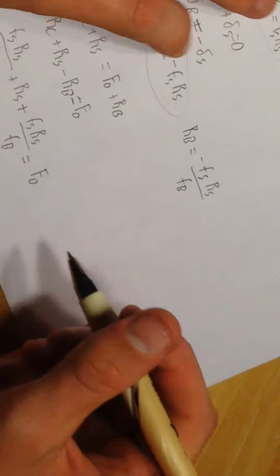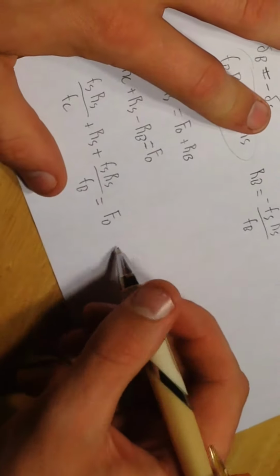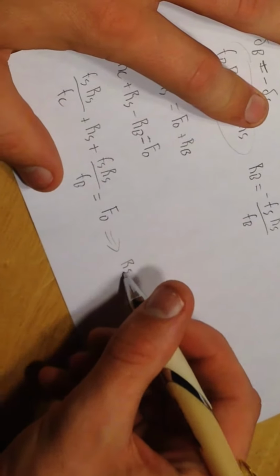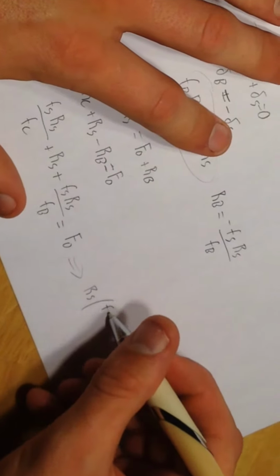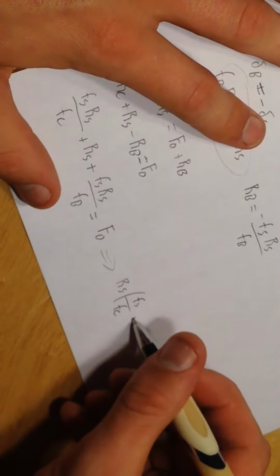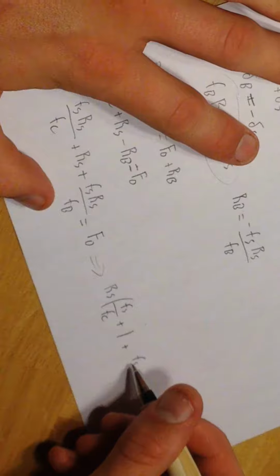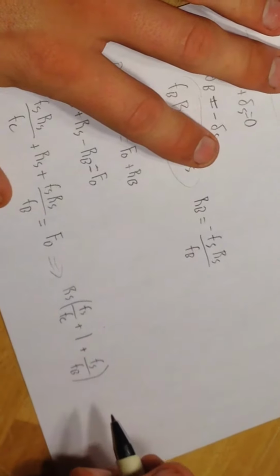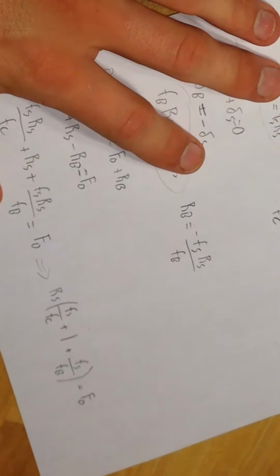So now we're going to factor out an RS. So here if we take out the RS, we're left with FS over FC. If we take out the RS there, we're just left with 1. And then here we're left with FS over FB. And that's equal to F naught.